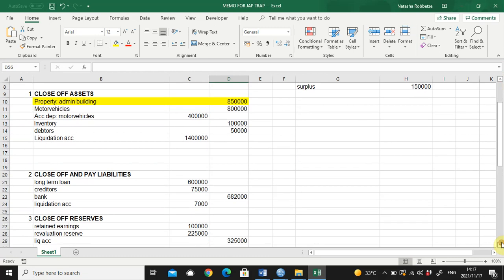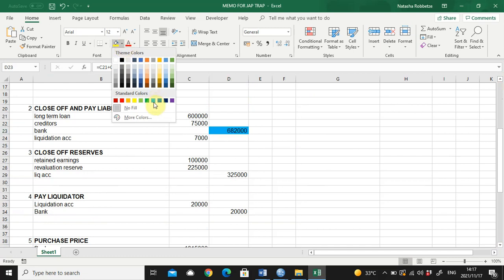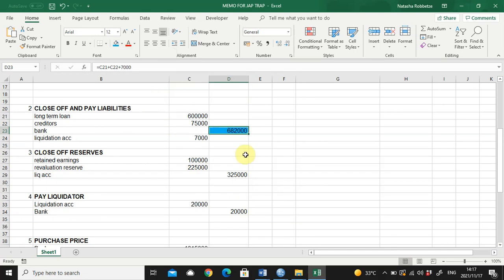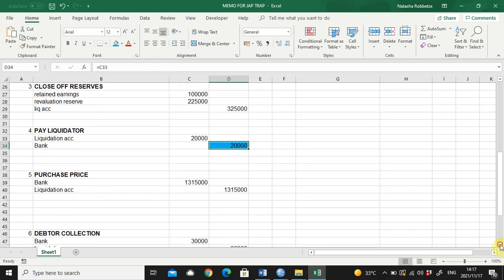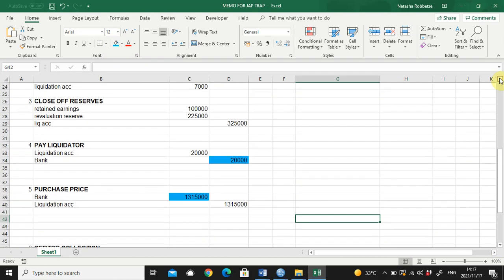The first entry where the bank is affected is here in step number 2, and I'm going to highlight it in blue. Then I see another bank entry here, another in step 5, and also a bank entry in step number 6. So I'm going to take the sum of all these entries to get to a final bank balance.